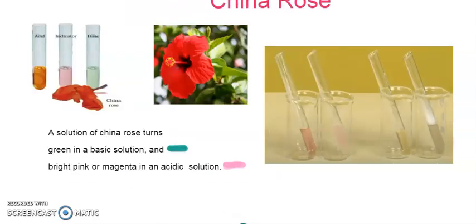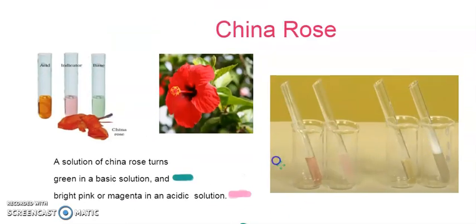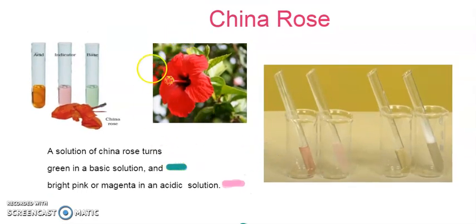Now the last indicator is the China rose indicator, or the hibiscus, the flower that you call the shoe flower. In this, the same way, you boil it and take the water. It is a little pinkish in color. When you add a basic solution, it turns green, and when you add an acidic solution, it turns into magenta color.